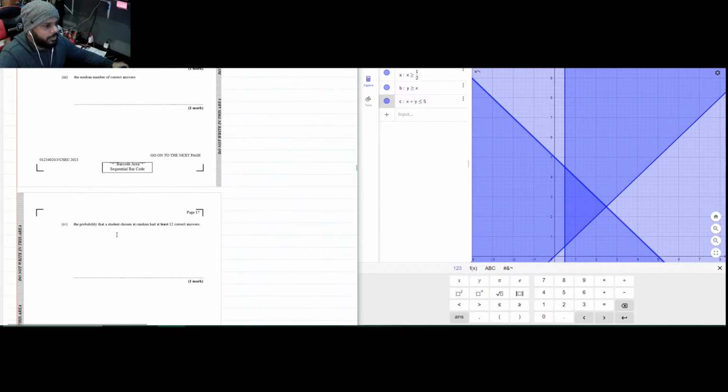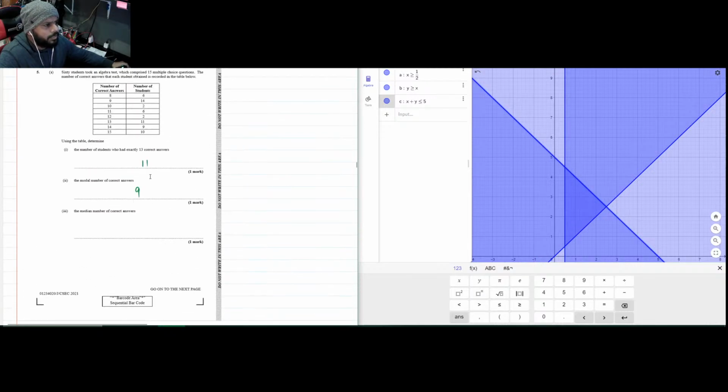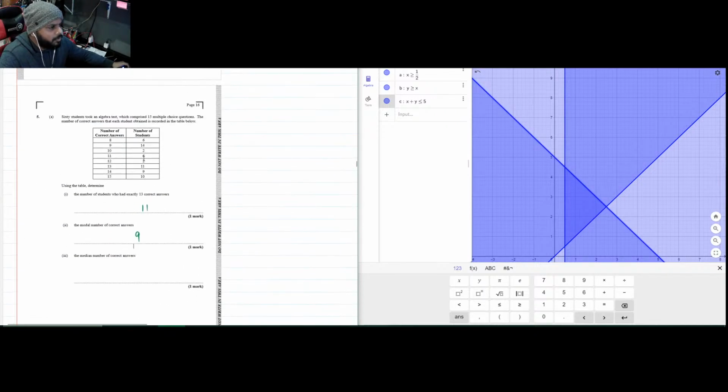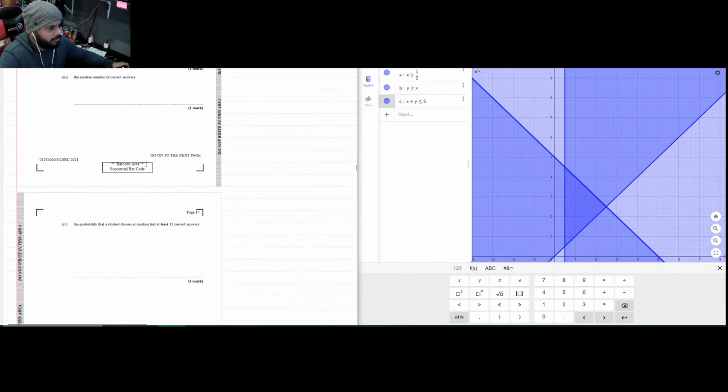The probability that a student chosen at random had at least 12 correct answers. So the probability that a student had at least 12 correct answers is the probability that x is greater than or equal to 12. At least 12 means he had 12 or more.